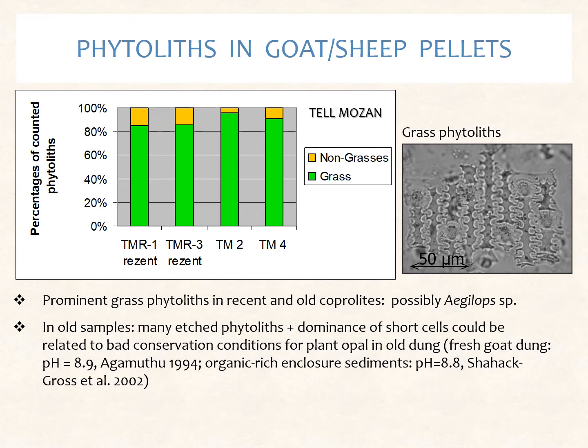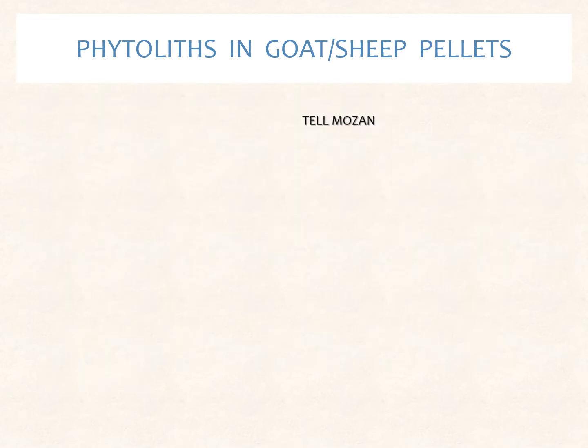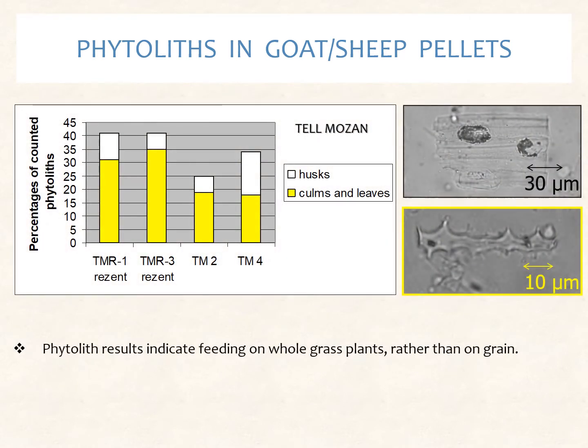Here is an example from the Bronze Age site of Tel Mosan in Syria. The ancient samples seem to have the same composition as the modern. Both are dominated by grasses. The large number of phytoliths from culms and leaves suggests browsing on complete plants, instead of feeding cereal grain, as has occasionally been claimed by some archaeologists.